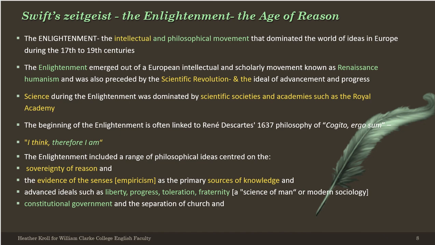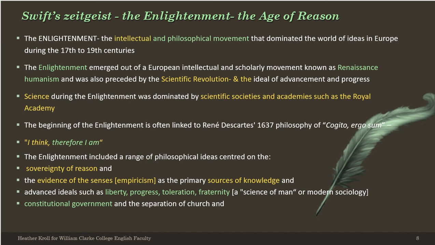Okay, so let's go back to the Enlightenment. The Enlightenment includes a range of philosophical ideas centered on the sovereignty of reason over emotion, and that is attacked in the fourth journey to the land of the Houyhnhnms, where the horse society functions purely on reason without compassion and emotion. So it's a very dry, very heartless society.